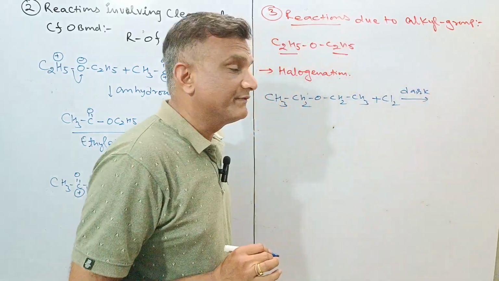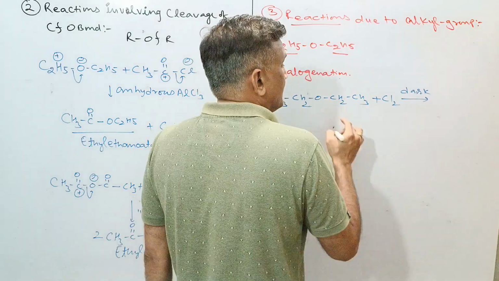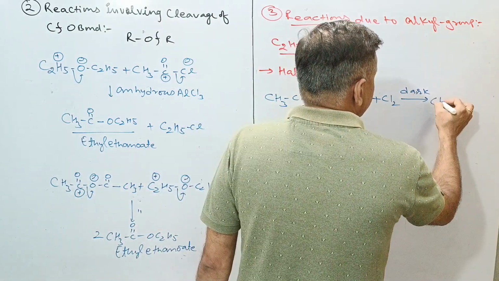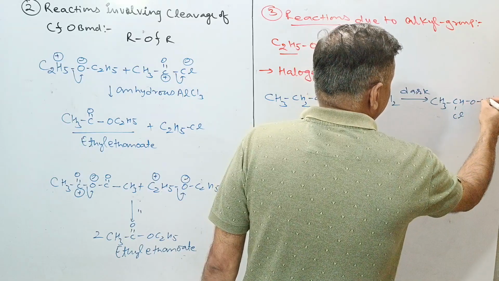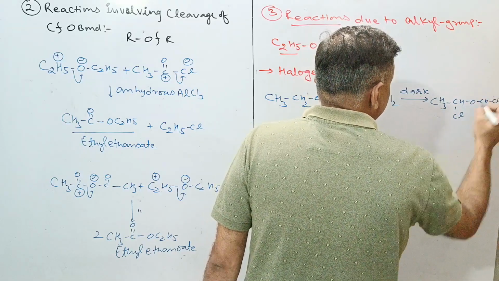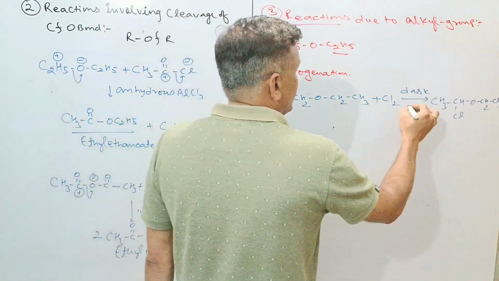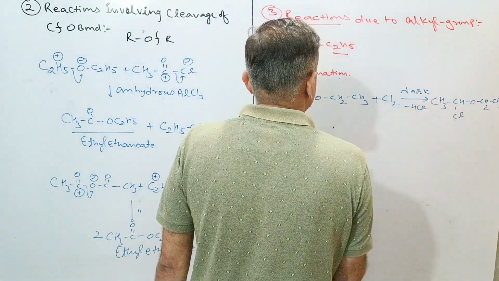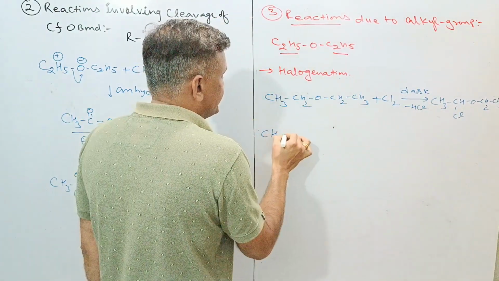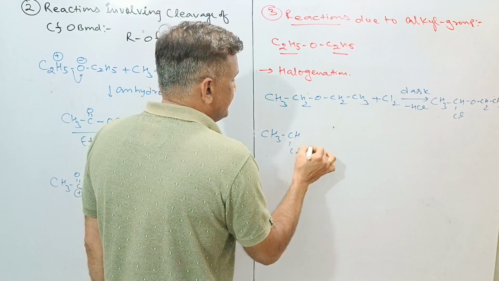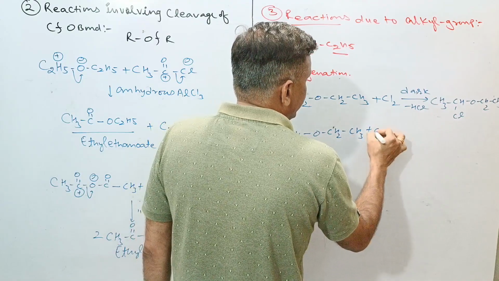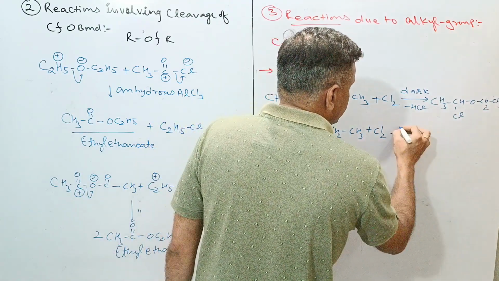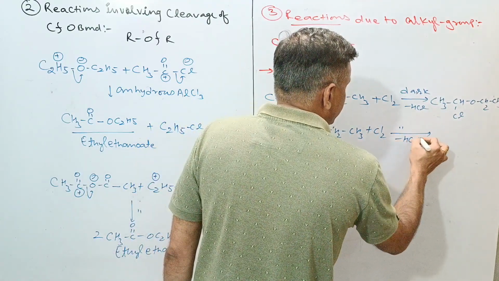In dark, what will be? Here there will be formation of first the monohalogen derivative like this, by the removal of HCl. If there is again reaction, then CH3CHClOCH2CH3 reacts with Cl2 under similar condition by the removal of HCl.